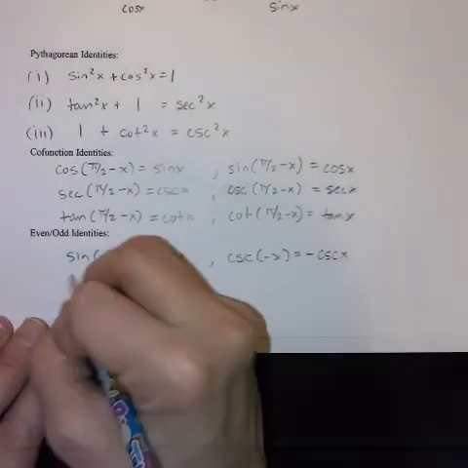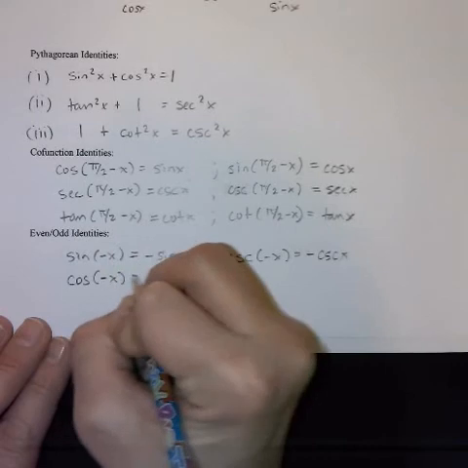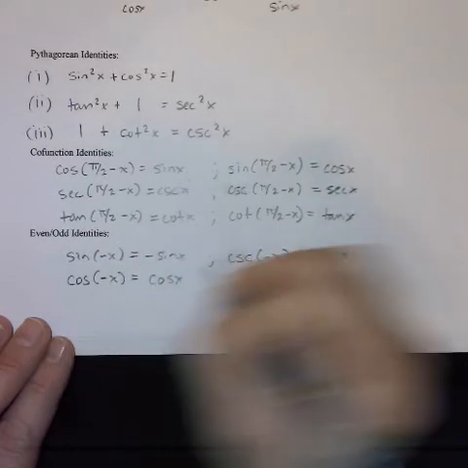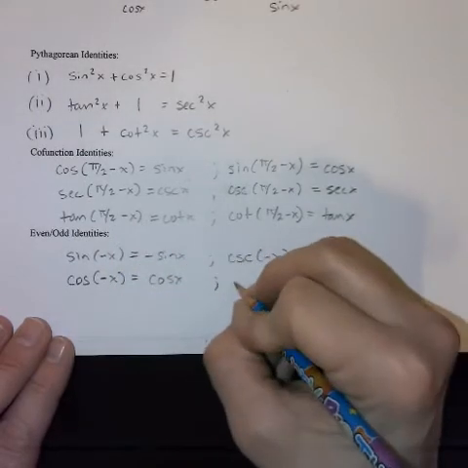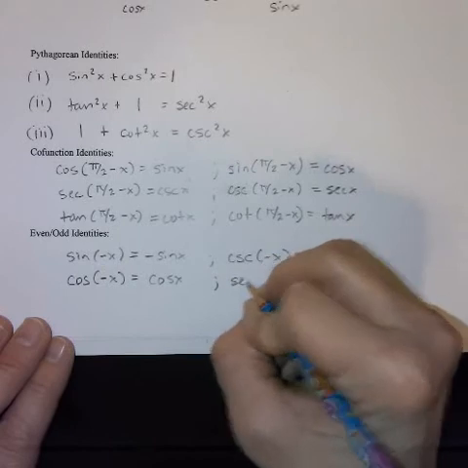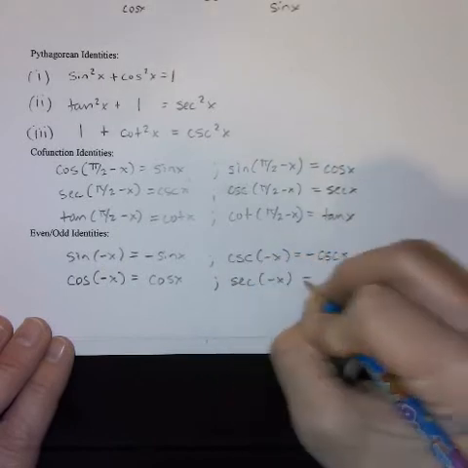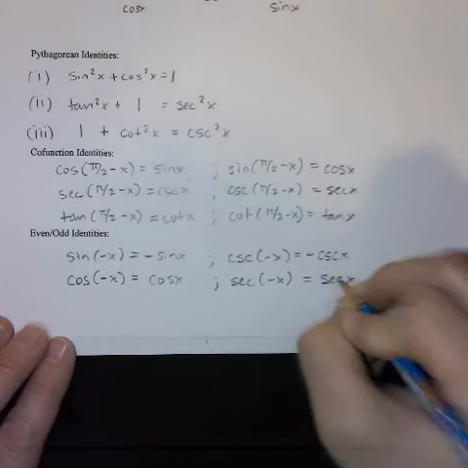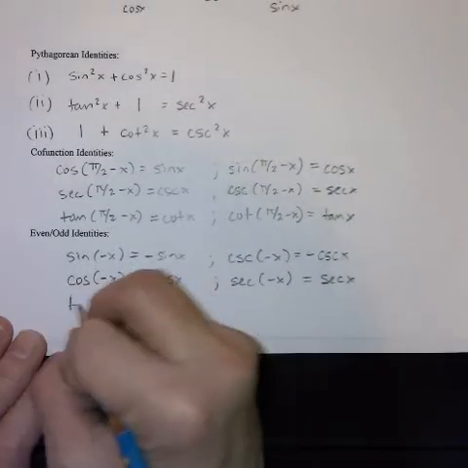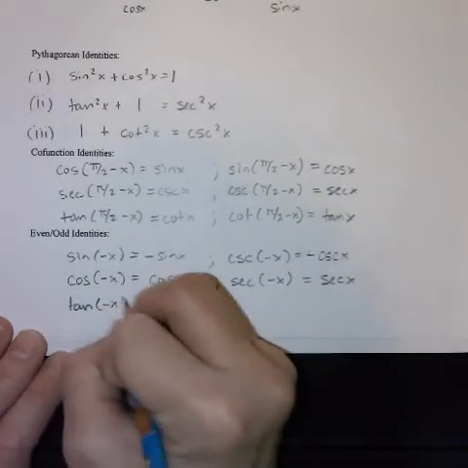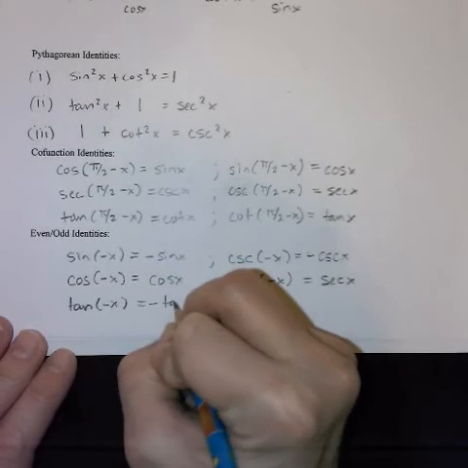Cosine is an even function, so cosine of negative x equals cosine x. And so then secant is as well. And then tangent is odd again, like sine. So tangent negative x is negative tangent x.